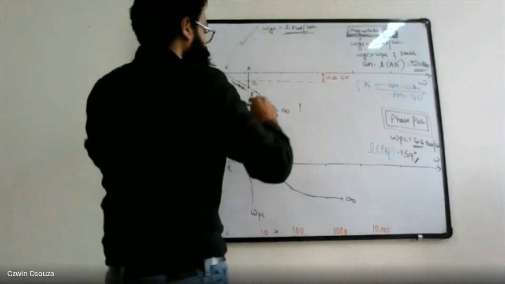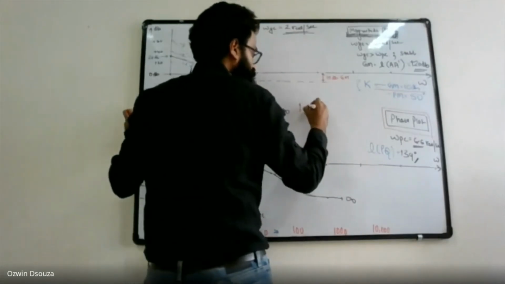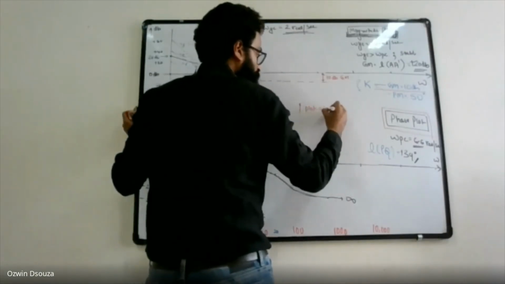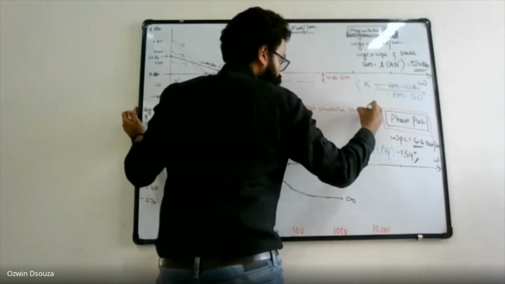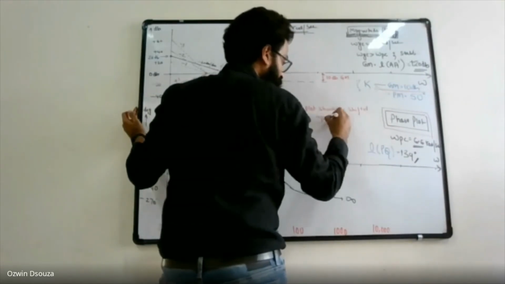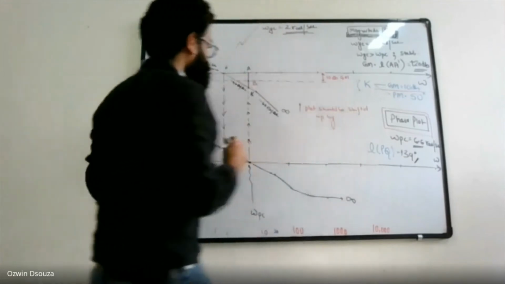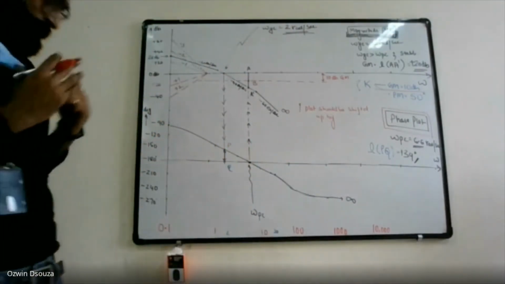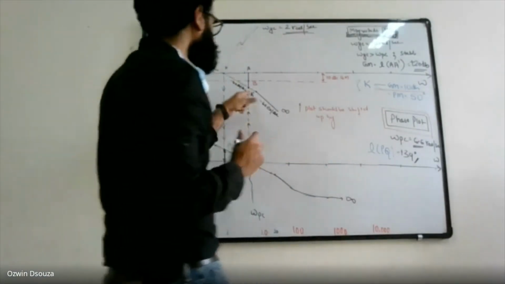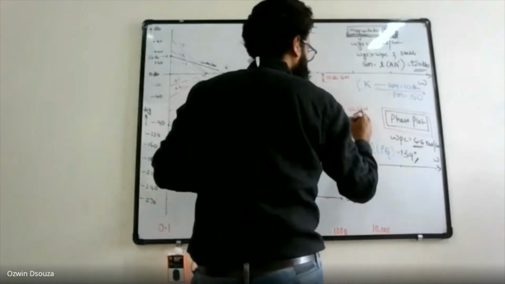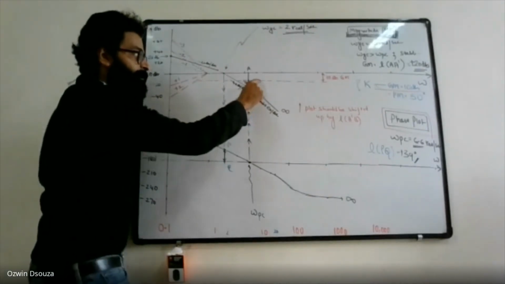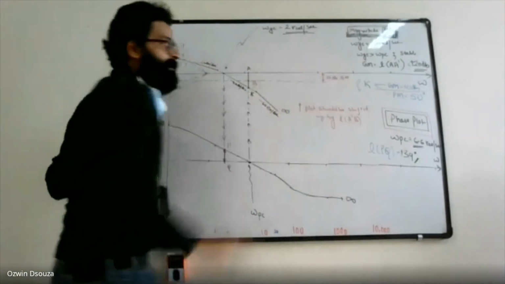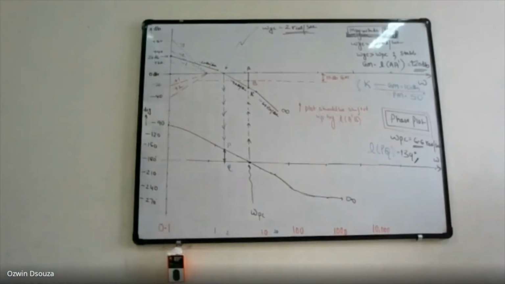So the plot should be shifted up by the margin, which is length A dash B. Because if this point A dash comes on B, then the gain margin becomes 10 dB. So that is the idea.